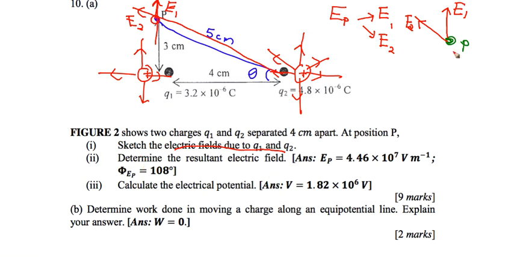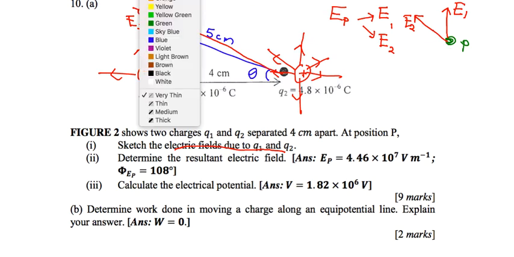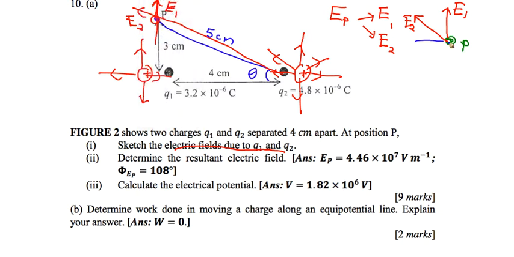So at the point P here you have E1 and E2, and to calculate the resultant, you must resolve E1 and E2 to the x-axis.